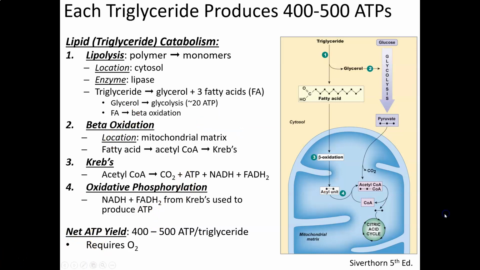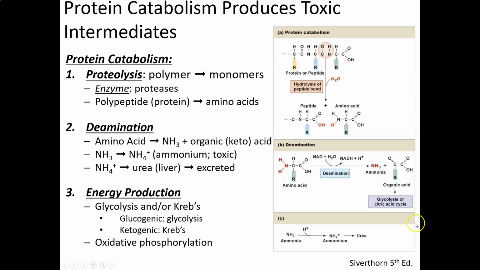As mentioned before, we can also use proteins for energy. Now, proteins have a couple issues, and we don't typically use proteins for energy, and there's three big reasons why, probably. Number one, we like to save proteins for other things. Carbohydrates and lipids are our primary fuel source, and there's not a whole lot of other things they do.